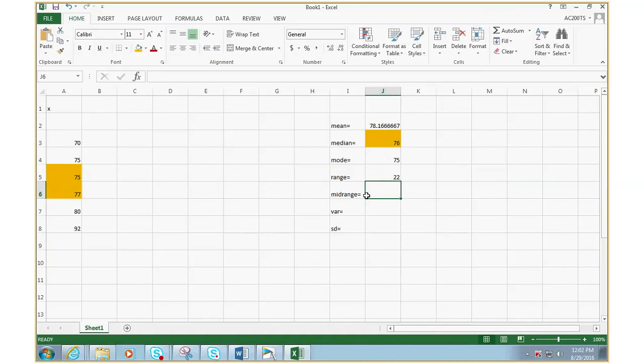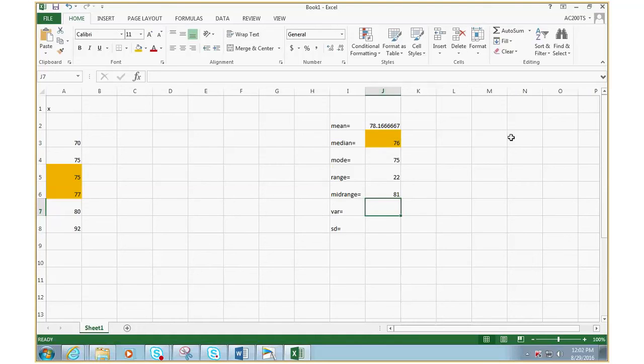Mid-range is equal to, parentheses, highest number, lowest number, divided by 2. And at that point you stop, because you don't know how to find the variance and standard deviation, you quit the problem.